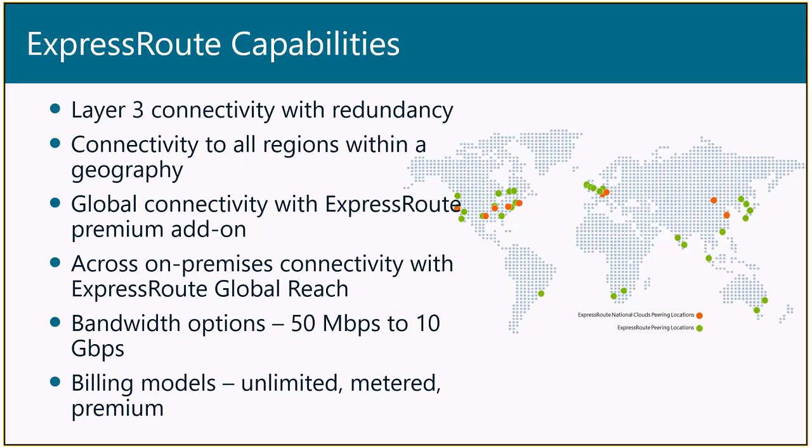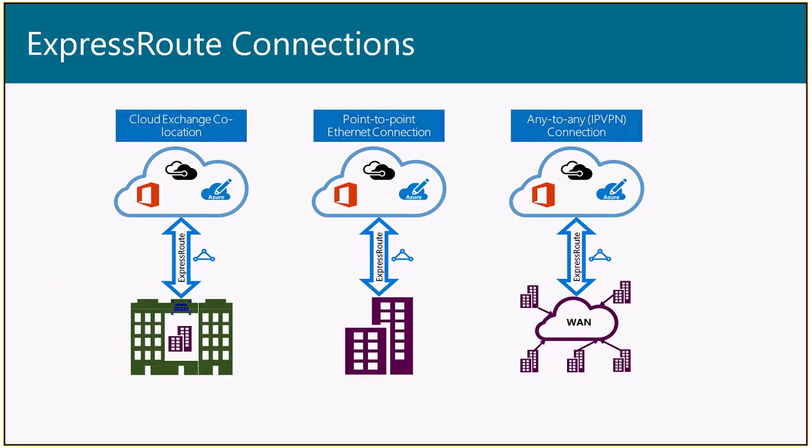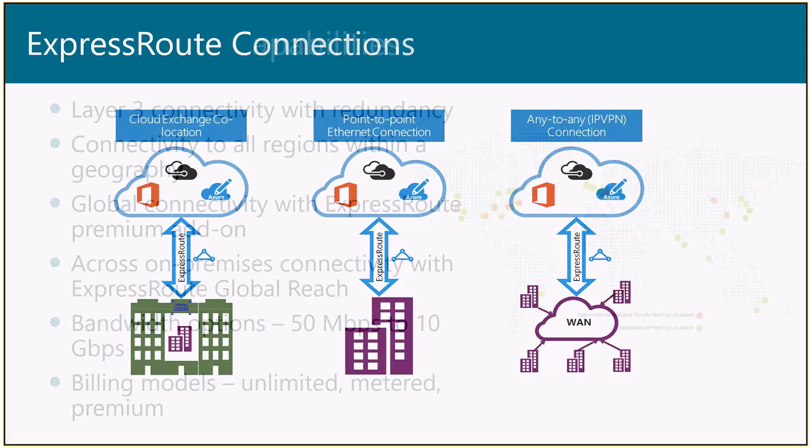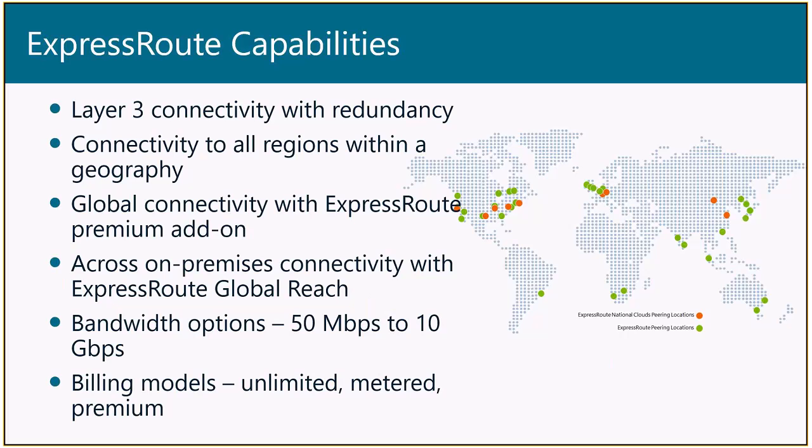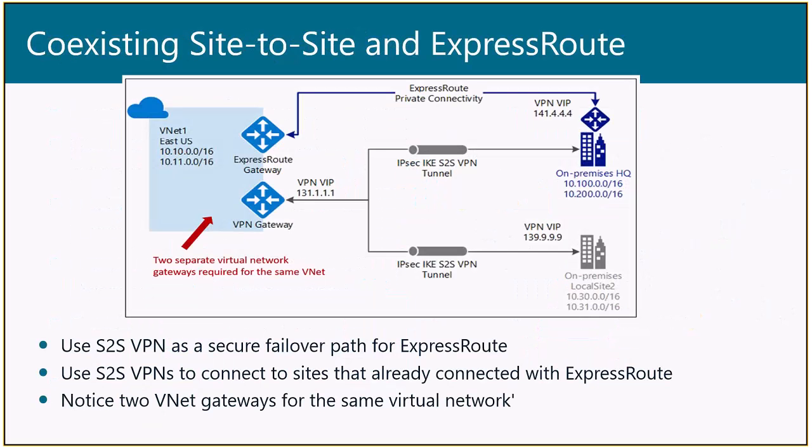Bandwidth options are from 50 megabits per second to 10 gigabits per second. Billing models are unlimited, metered, and premium. Here you can see Cloud Exchange co-location using Express Route, a point-to-point Ethernet connection, or an any-to-any connection. But Express Route is a little more expensive, and make sure that it's only doing one-to-one.